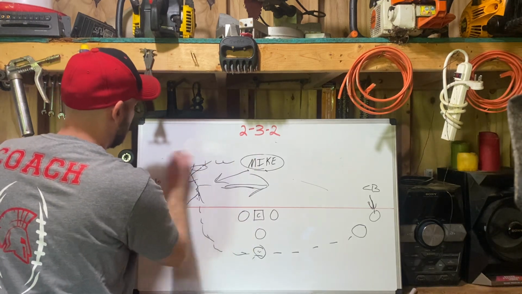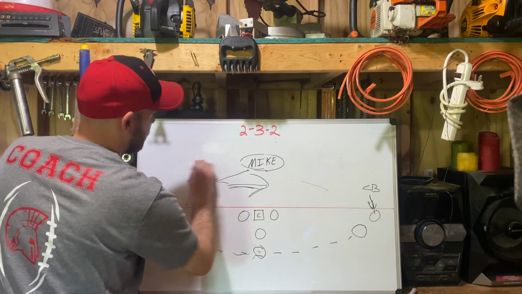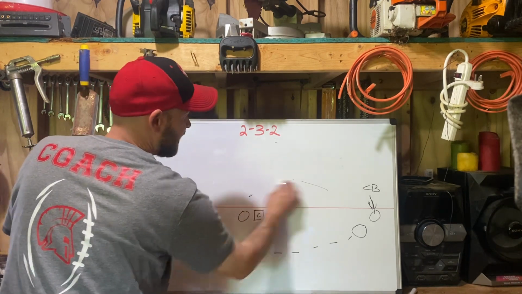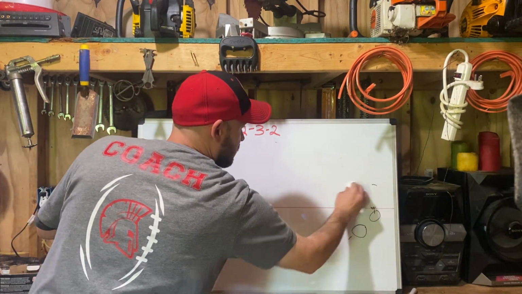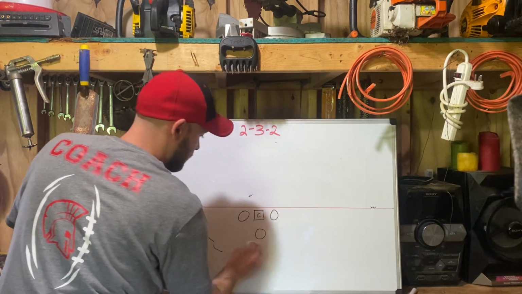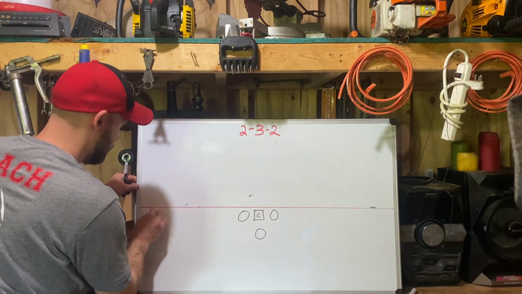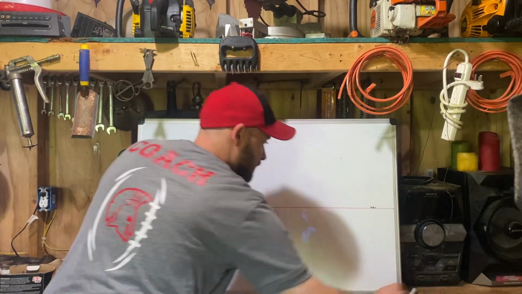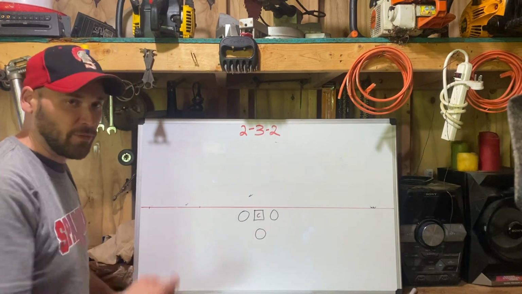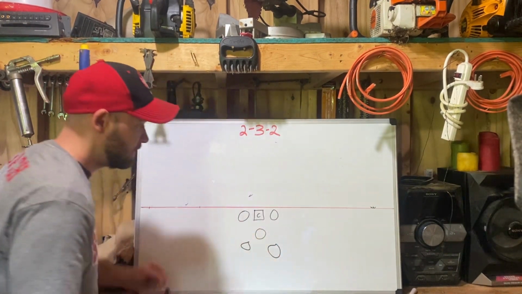Now, pause that if you need to, whenever you need to. Now, let's say they're not running a simple motion play like that. Let's say we've got stacked up here, okay?